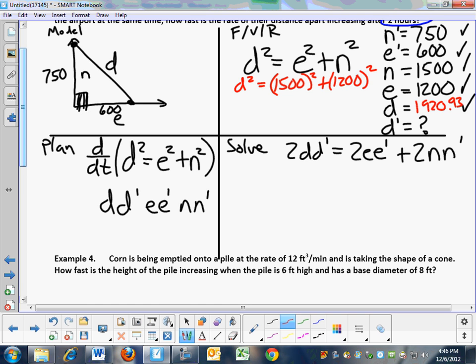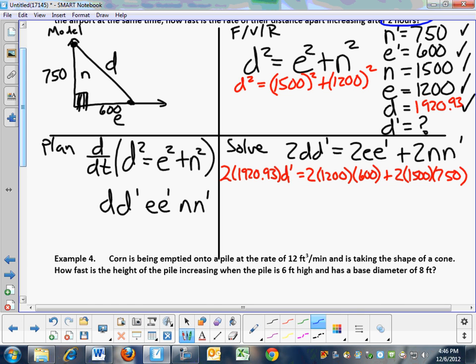So now we have all of our pieces. Let's plug them in. 2 times 1920.93 times d prime is equal to 2 times e, which is 1200, e prime is 600, plus 2 times n, which is 1500, times n prime, which is 750.